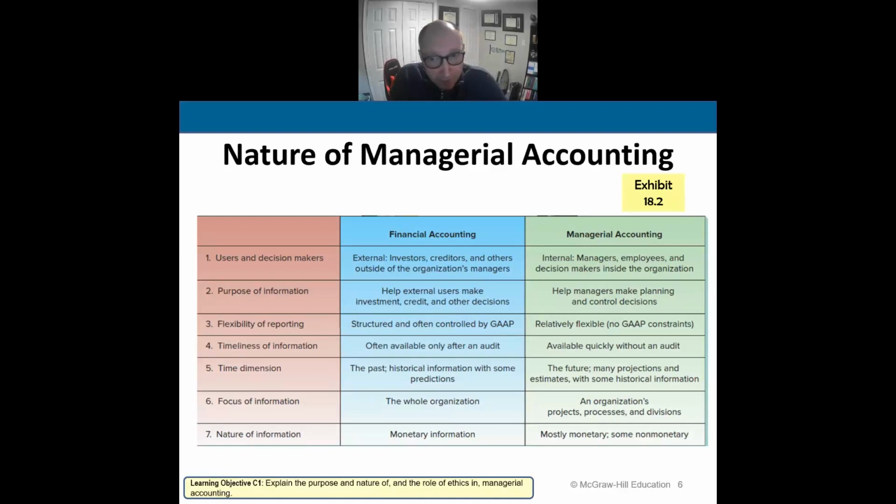There are a couple of differences between financial accounting and managerial accounting. Financial accounting is what you learned back in 201, Financial Accounting, Principles of Accounting 1. You learned that the users of the financial statements were investors, creditors, and other people outside of the organization like government agencies.